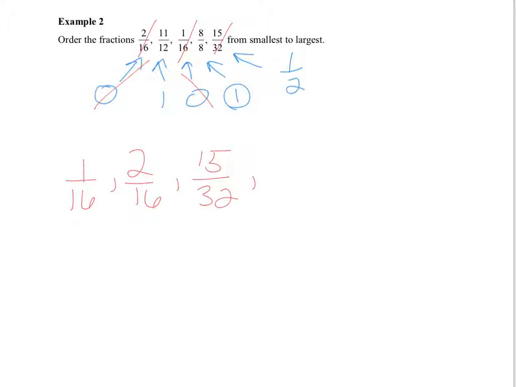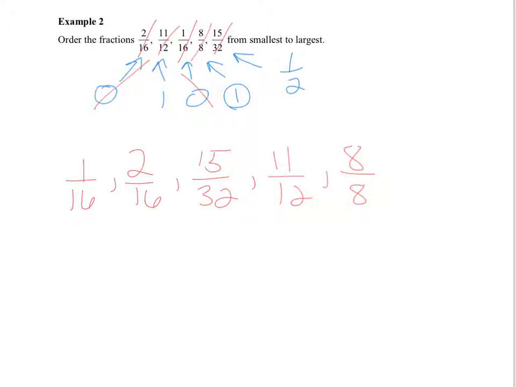And then 11/12, again, 8 over 8 means the entire brownie pan is there. All the brownies are in there. This one is almost full, except it's missing one small piece, but it's still not completely full. So this one's smaller than this one, so this one goes first. So we have 11/12, and then 8 over 8.